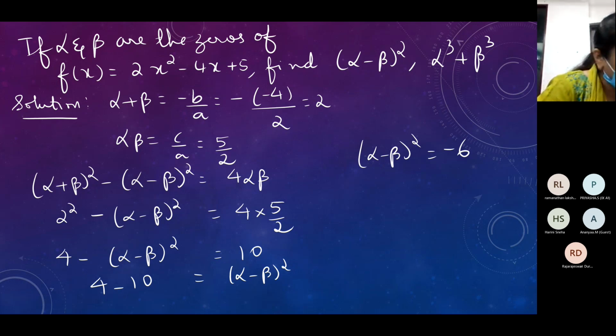Square roots of 4, and then alpha minus beta square they've asked, ma'am. So then we can subtract it by minus 4 into alpha beta. Not minus 4. 2 square is 4. Yeah, you can put 4 here.